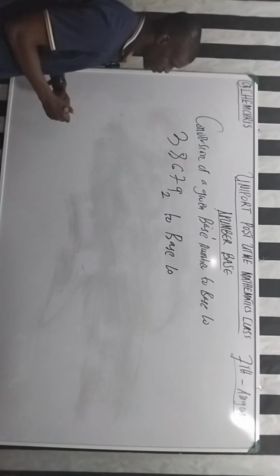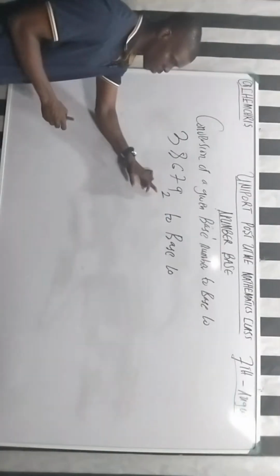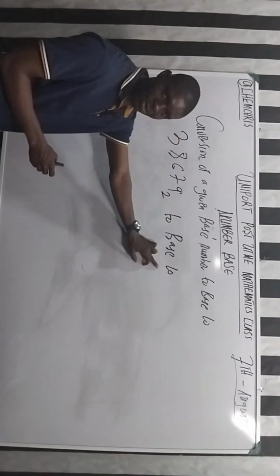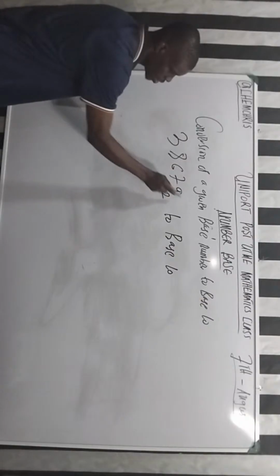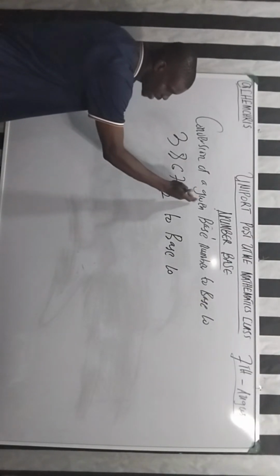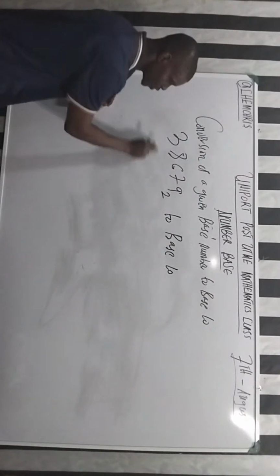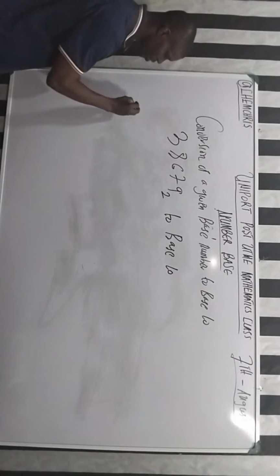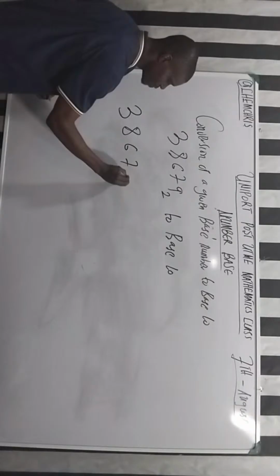So we have to convert this number from base 2 to base 10, right? The first thing to do is to find the position of each of these digits. Remember, we start from 0, then 1, 2, 3, right? So if you assign the positions here, you have 3, 8, 6, 7, 9.